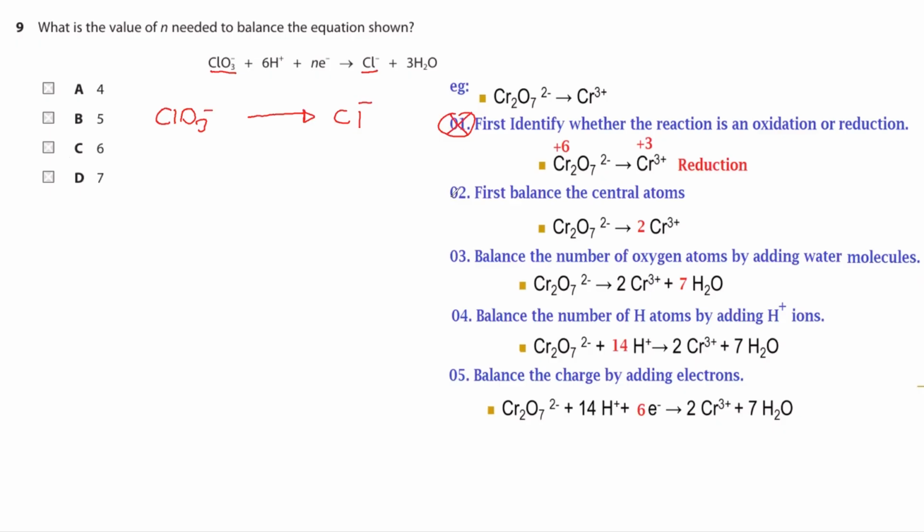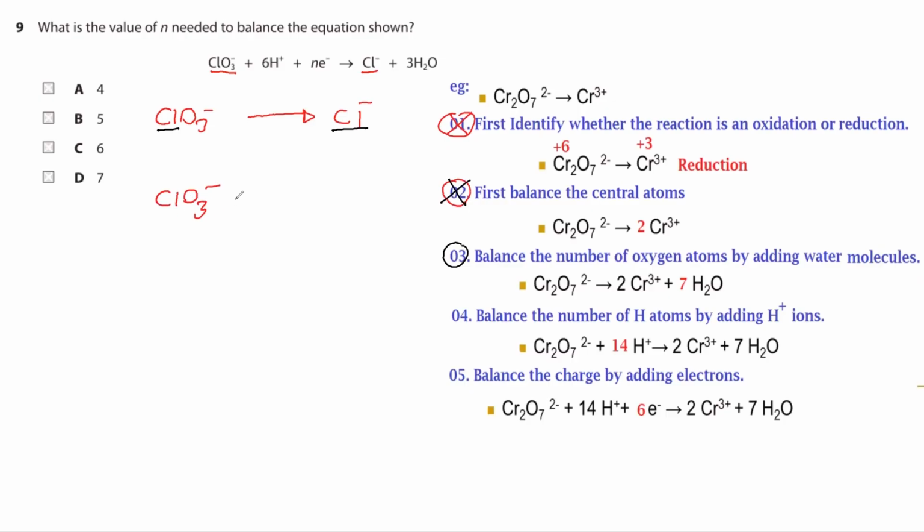Then step 2, first balance the central atom. The central atom is the main atom that you can see on both sides. Here it is chlorine, one chlorine atom and one chlorine atom here also. So you don't need to perform that step because it's already balanced. Then the third step says balance the number of oxygen atoms by adding water molecules. If I write this equation again, I have ClO3 minus.